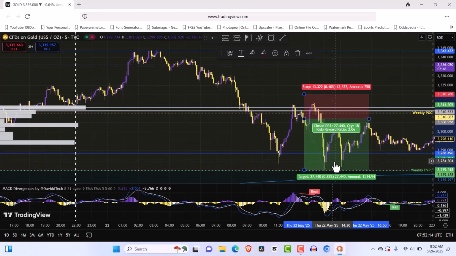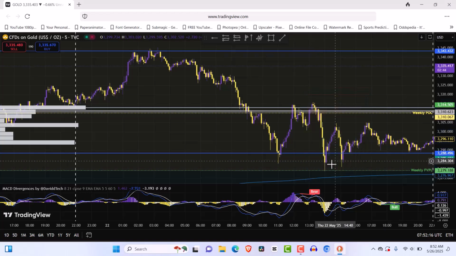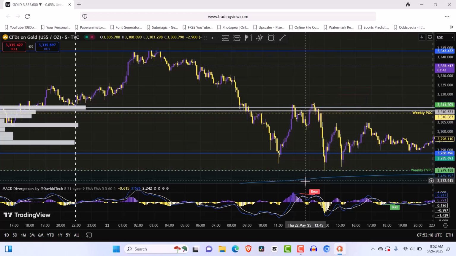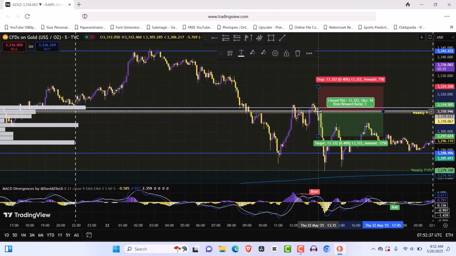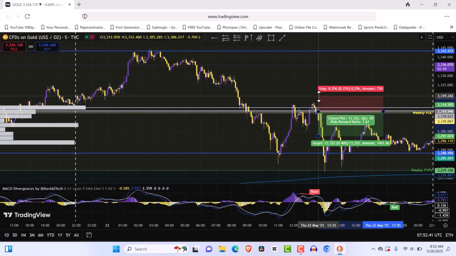We would have been in one trade, right? We now had a bearish divergence on this. So this is where I would have taken my second entry, which is a B trade also. Once again, just putting our stop loss just beneath the low.